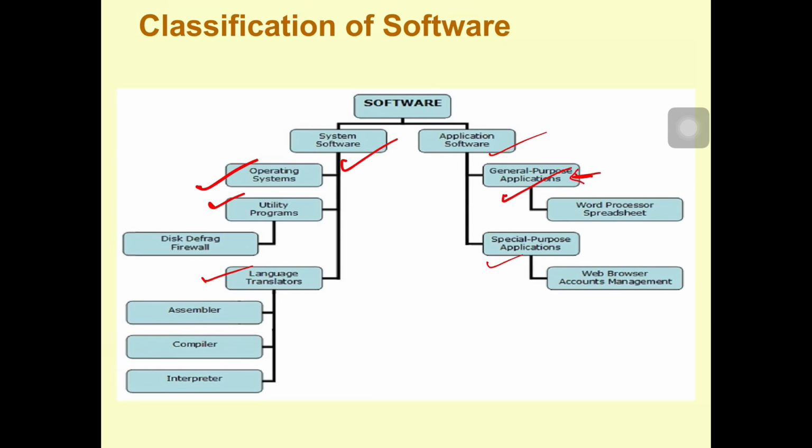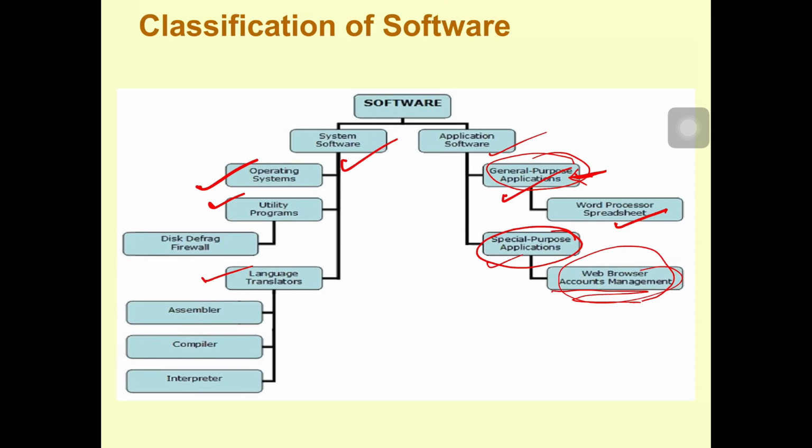These are created as per a general survey, and are created for a large population of users. Examples of such application software are word processor, spreadsheet, etc. Now, special purpose application software is software in which the user instructs the vendor to create software according to their need. Examples are web browser, account management, or bank management, etc.